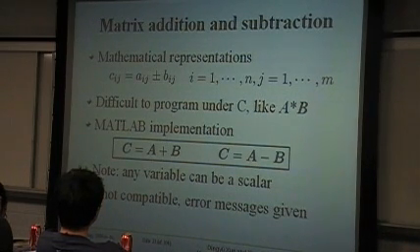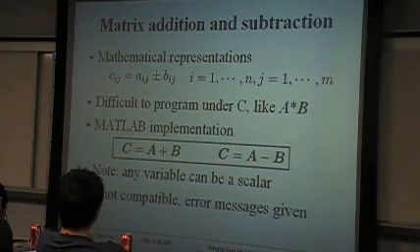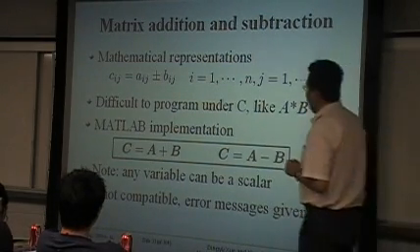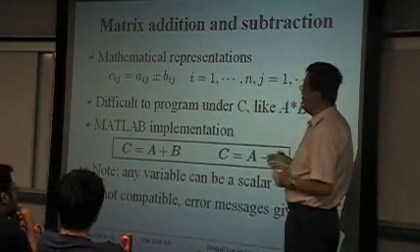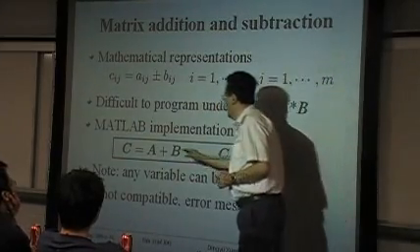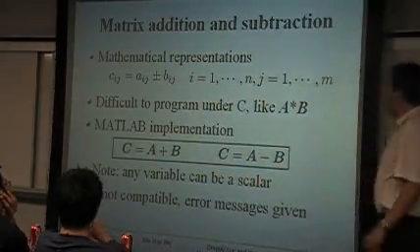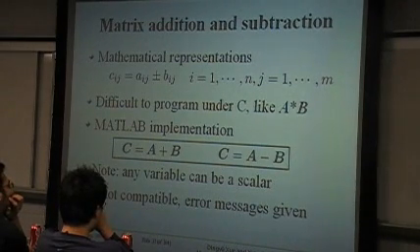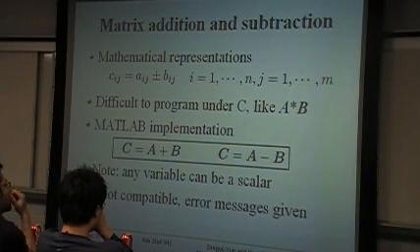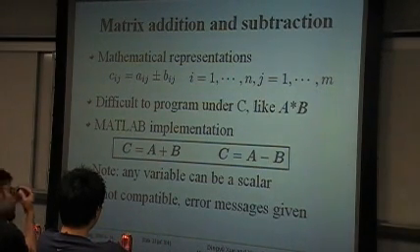Otherwise, you will get an error display. And there is a special case. If A or B is a scalar and the other one is a matrix, then you can add the scalar to all the elements in the matrix. So these expressions are quite similar to the mathematical expressions. What you need to do is just use the command like this.